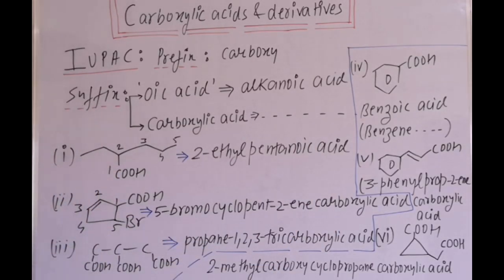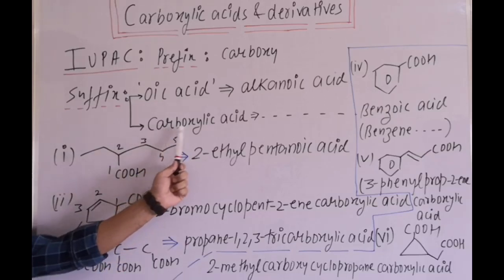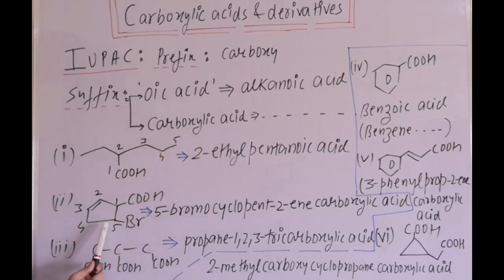Third example, a prominent example. In this case also we use the second type of suffix. Why? Because if we consider this carbon and this carbon, this COOH which is in the middle becomes a prefix. Therefore, in such cases where the carboxylic group is 3 times or more, we select the parent chain and these carboxylic groups will be attached to the parent chain, just like the carboxylic acid we did in example number 2.